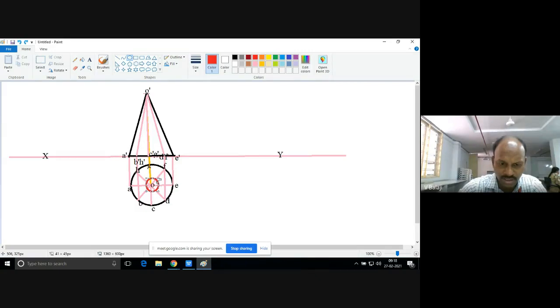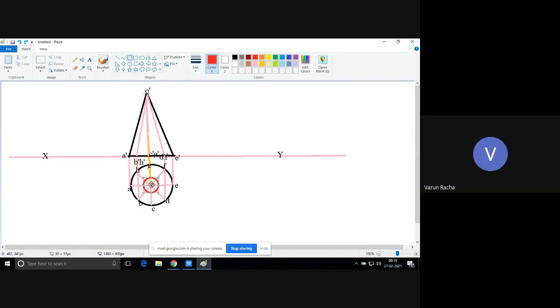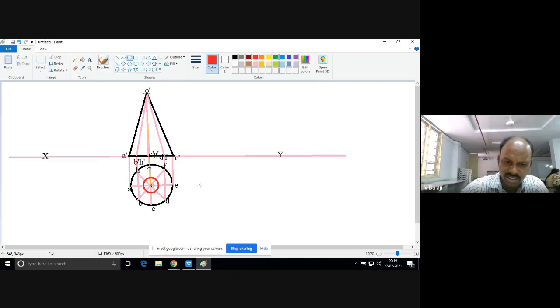I am telling 10. It is mentioned in the problem, right? Are you following what I am telling? Yes, sir. So what is the radius of this small circle I have drawn? 10 mm.